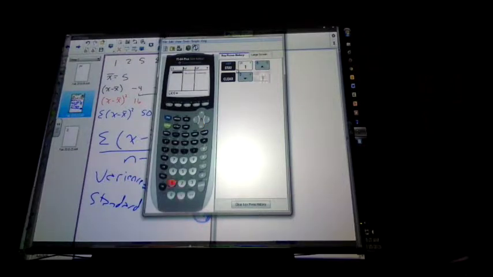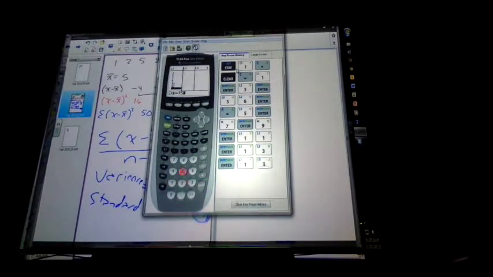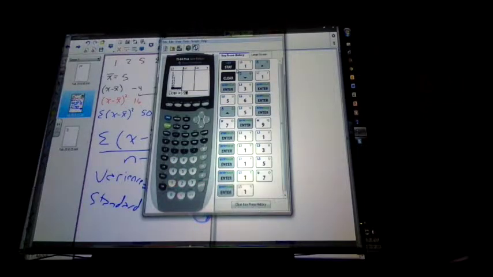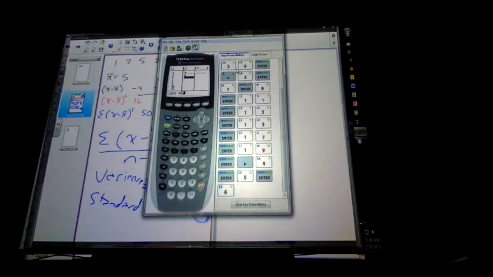So it looks like I have 1, 3, 5, 5, 7, 9, 11, 13, 15, 17, 19. And I'll go over to L2 and put in 4, 5, 6, 7, 8, 9, 10.